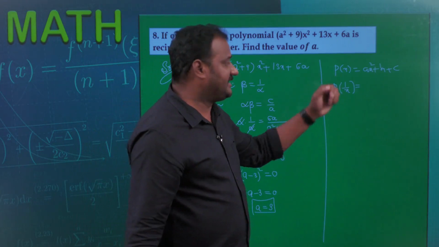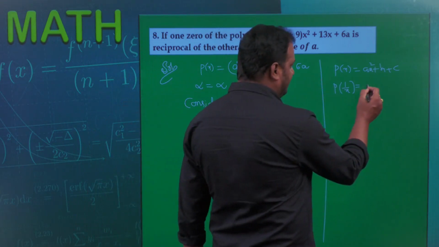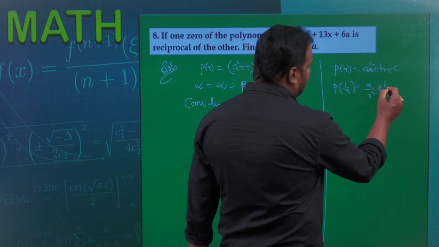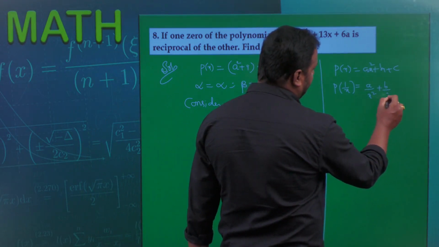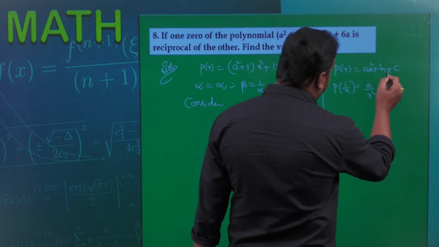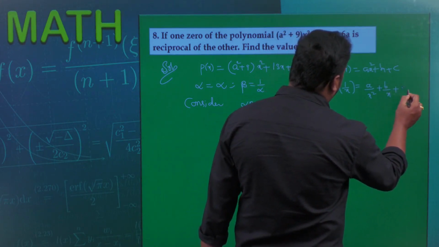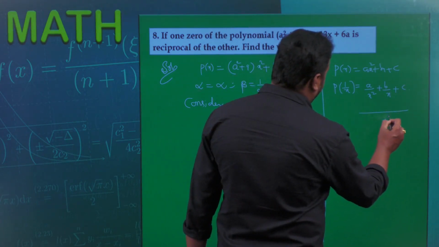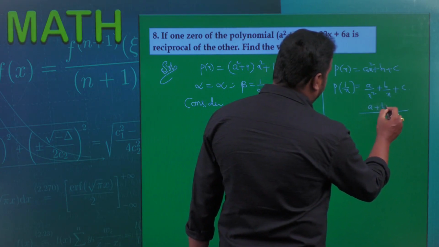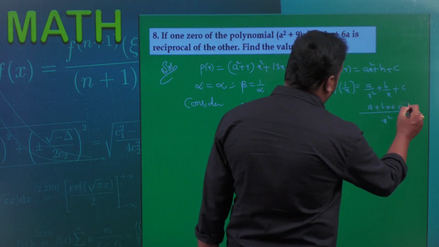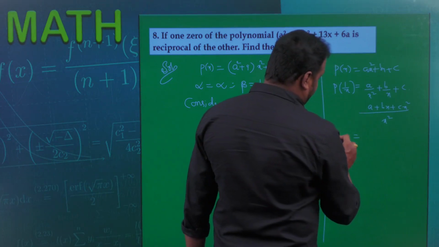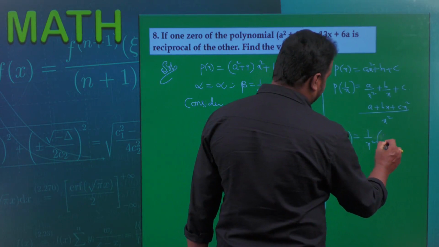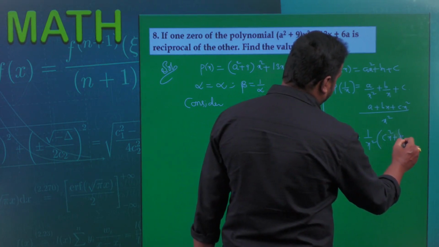So when you substitute 1 by x in place of x, it becomes a into 1 by x whole square, that is 1 by x square, plus b into 1 by x, plus c. If you take the LCM, which is x square, it is a plus bx plus cx square. Finally, p of 1 by x will become 1 by x square times (cx square plus bx plus a).